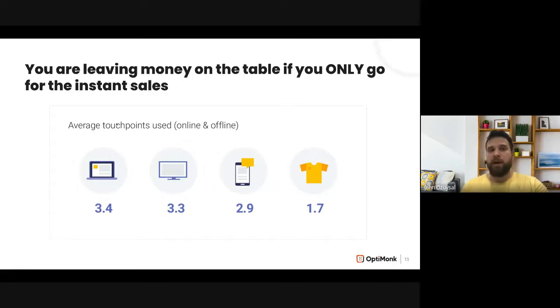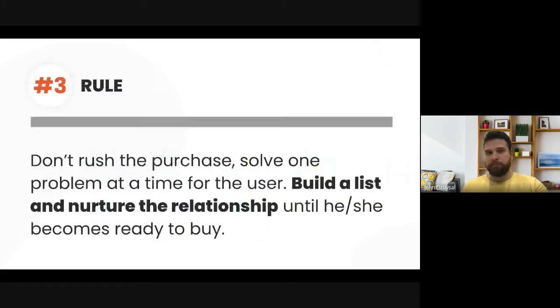You have to build and optimize your touchpoints. Here are some examples of how many touchpoints each purchase had. For a laptop it's 3.4, TV 3.3, phone 2.9, and even a shirt, which is a low friction item compared to others, has 1.7. So it's not just one.